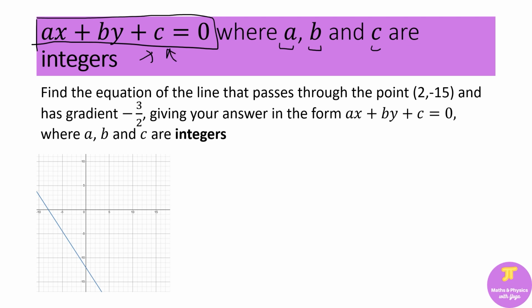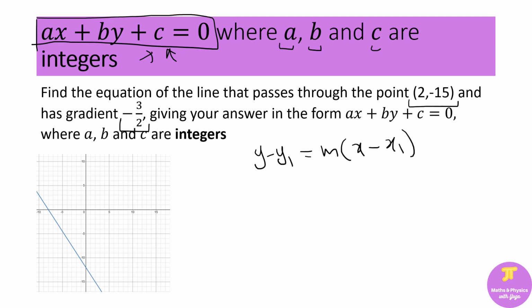Let's look at this question: find the equation of the line that passes through (2, -15) and has gradient -3/2. Since we know one point and one gradient, we can use the first technique, y minus y1 equals m times (x minus x1), right?